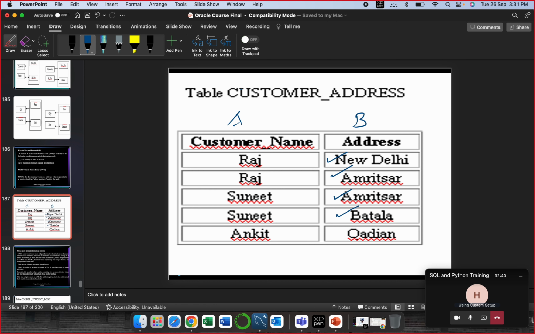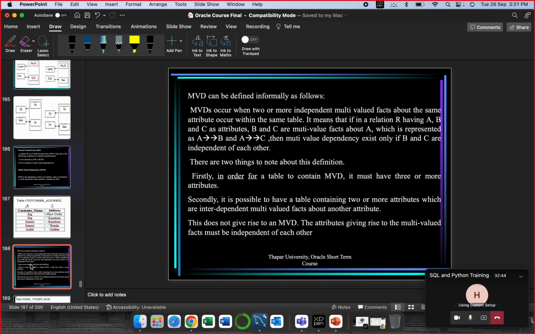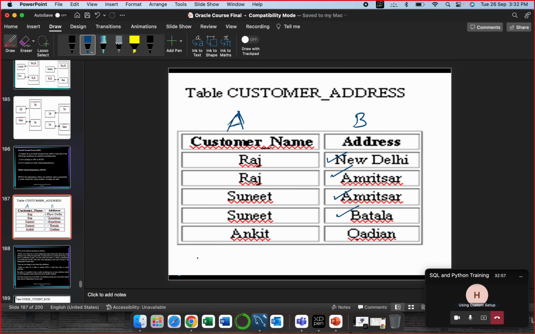That's a problem. A guy cannot be staying at two places at the same time. So this represents that A has multi-value dependence on B and A has multi-value dependence on C. This is an example where we have three attributes. A has multi-value dependency on B because there are multiple values in B for a single value of A.